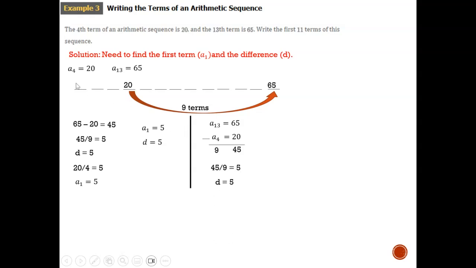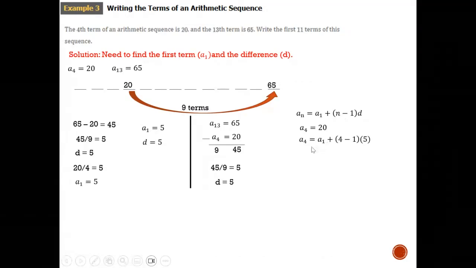Now to find the first term, guys, I can go to either term, the fourth term or the 13th term. Let's go to the fourth term because it's easier, the numbers are smaller. So A4 is equal to 20, which means I'm going to plug in 4 for n to find A1.